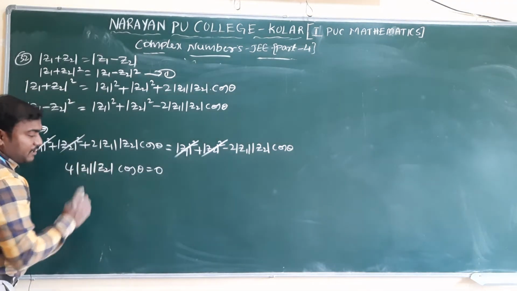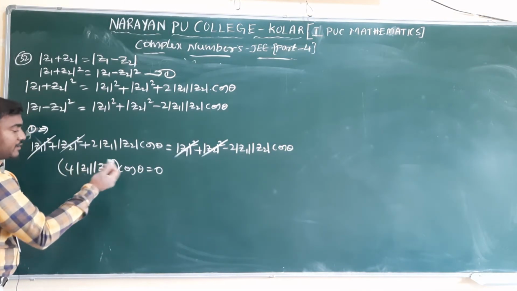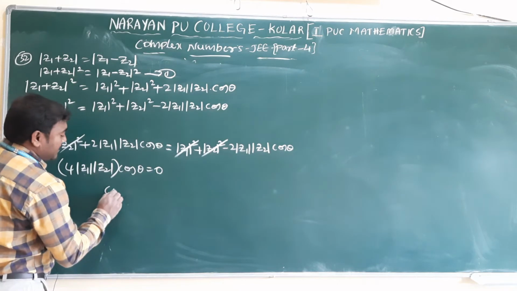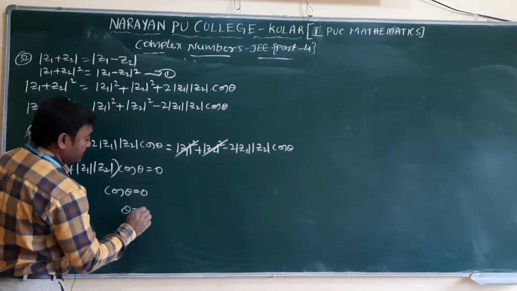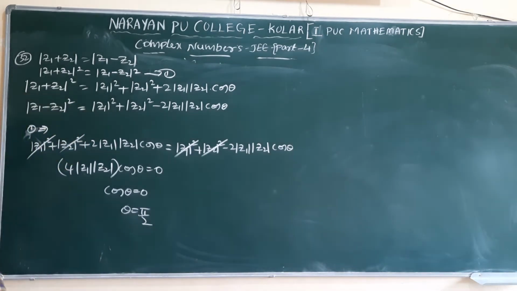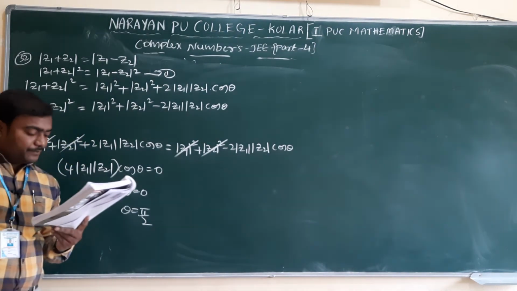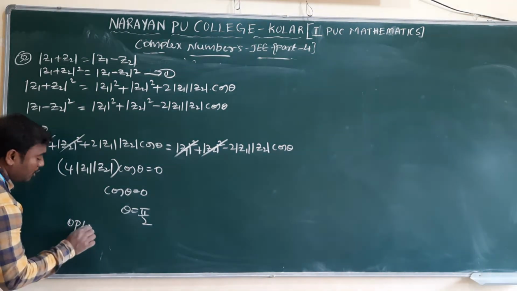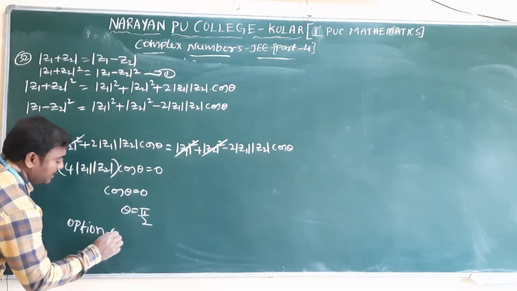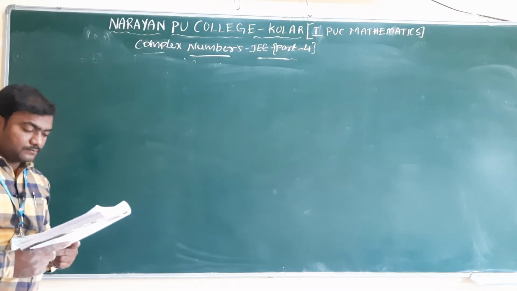This value is not equal to 0, so cos θ = 0, and θ = π/2. Option C is the correct option.